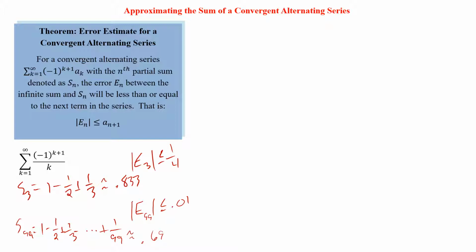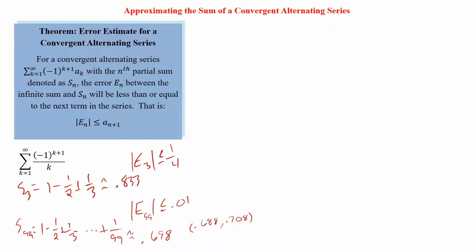0.698-ish, which means that the sum here would be plus or minus 0.01. So we would be less than that, would be about 0.688, and bigger than that would be 0.708. So the actual sum should be in between those two numbers.